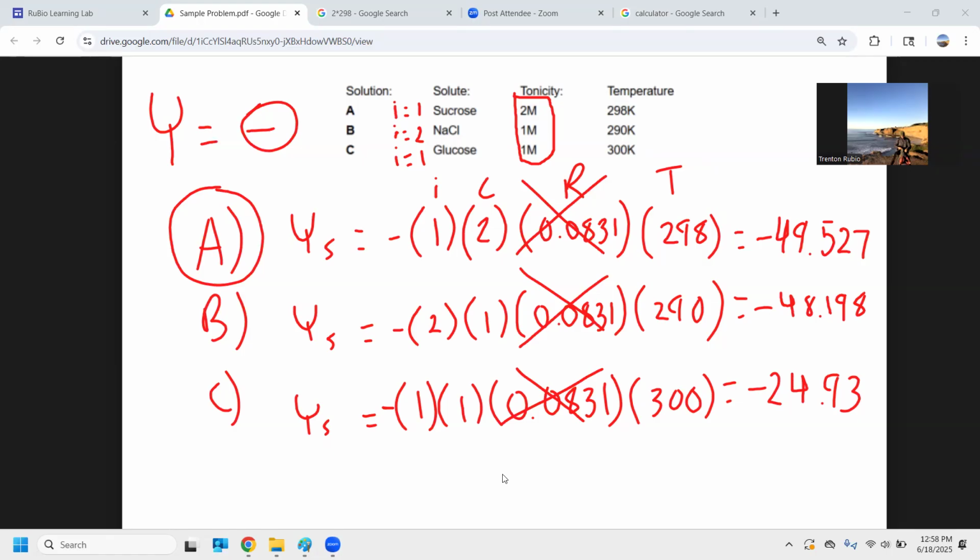I can rule out choice C because these two numbers multiplied together are going to be much greater than 1 times 1. Therefore, I'm between A and B as the most negative answer choice. Now all I have to do is turn my attention to the temperature. Which of these numbers is bigger? 2 times 298 is definitely bigger than 2 times 290. So I could have figured out that it was answer A even without doing any actual calculations in a calculator.